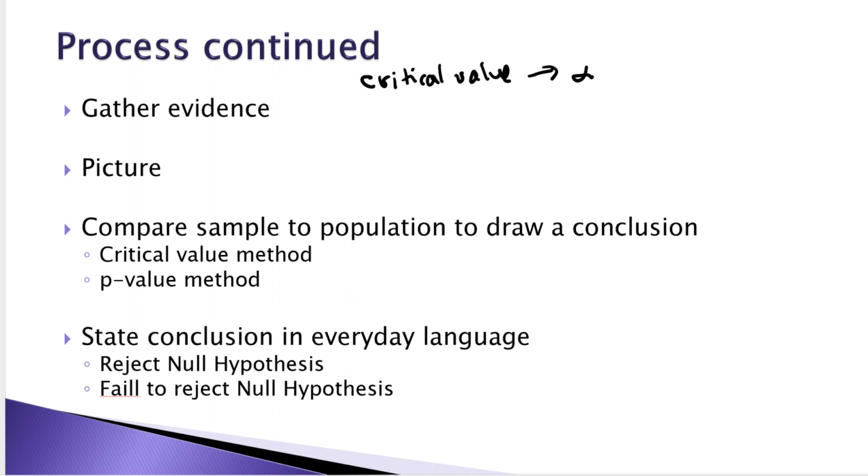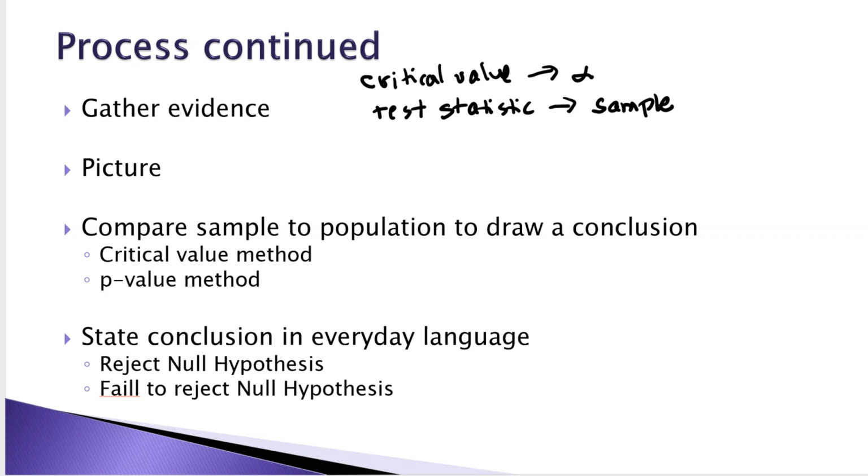On the other side, you're going to say we're not going to reject the null hypothesis. It's like the dividing line between saying innocent or guilty. We're going to get a test statistic. That comes from our sample. And that's just the normal values that we get for Z or T, however we've calculated those before.